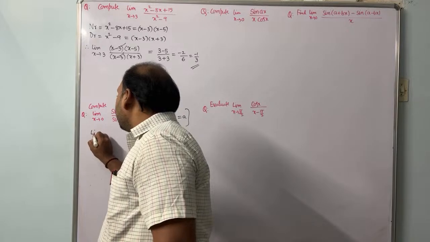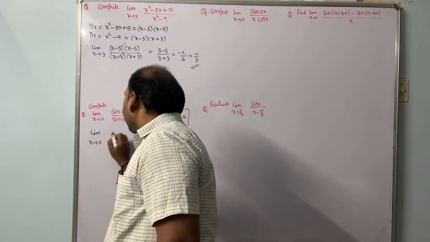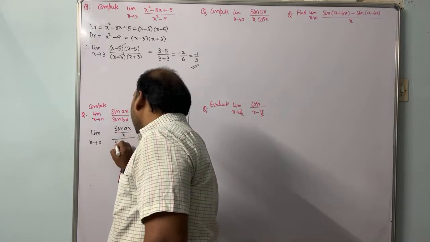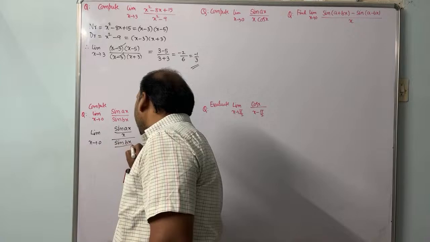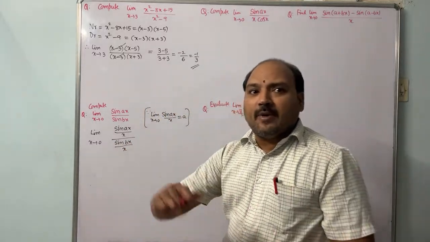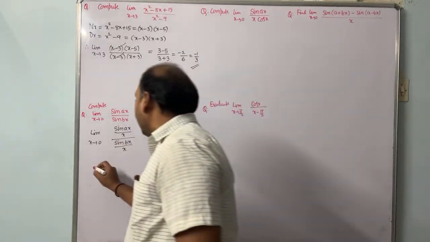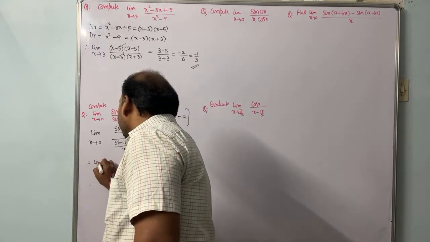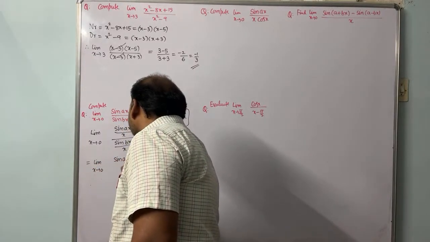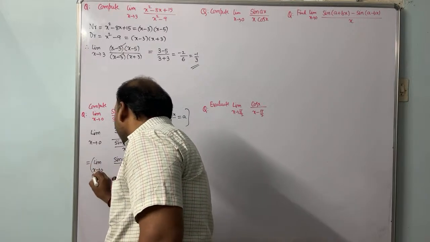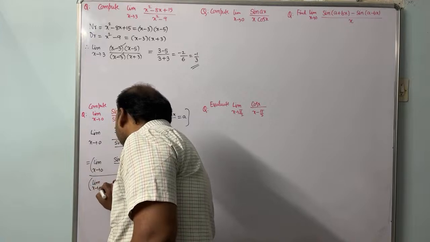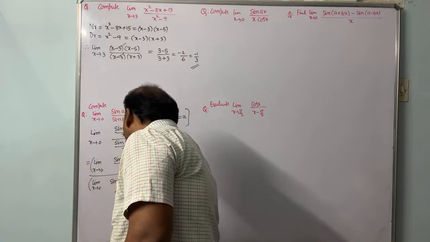So this will become limit x tends to 0, (sin ax divided by x) whole divided by (sin bx divided by x). After that, apply the limit for the numerator and the denominator, which is equal to limit x tends to 0 of sin ax divided by x, whole divided by limit x tends to 0 of sin bx divided by x.